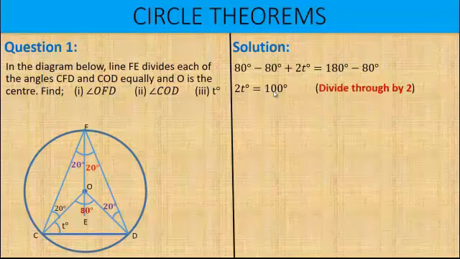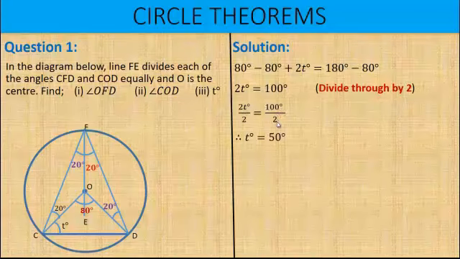So we divide through by 2. 2t degrees divided by 2 would give us t degrees. 100 degrees divided by 2 would give us 50 degrees. So we can say that t degrees is equal to 50 degrees.